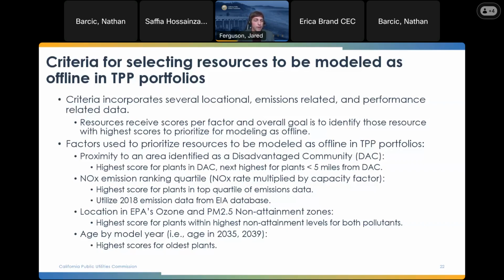So plants that are in the highest non-attainment levels for both pollutants have the highest score in that category. We're also incorporating age of plants, and we're looking at the age it will be in the year we're studying, so 2035 or 2039, with the highest score going to the older plants. Next slide.